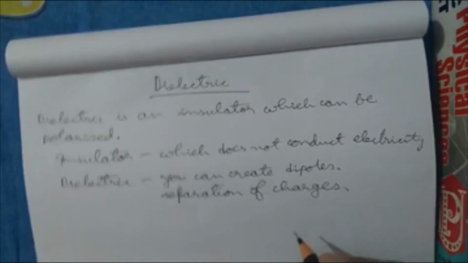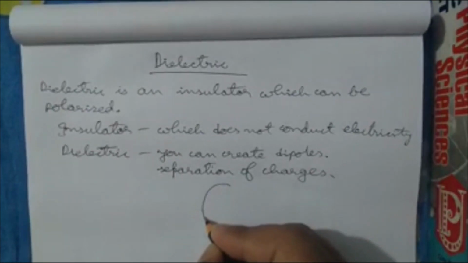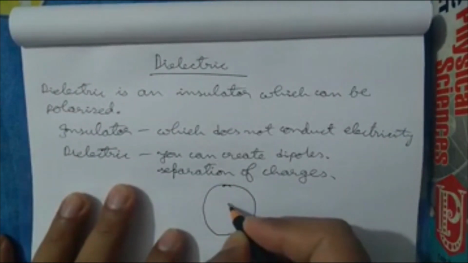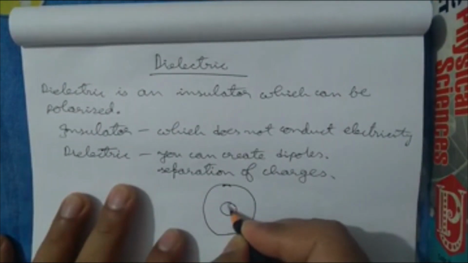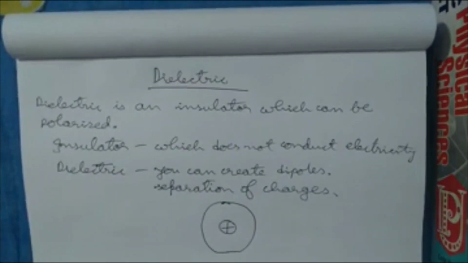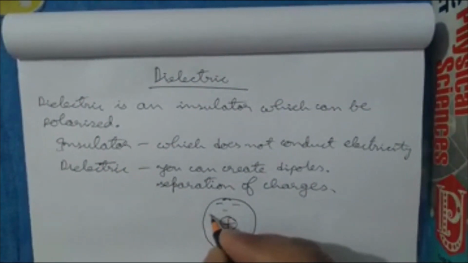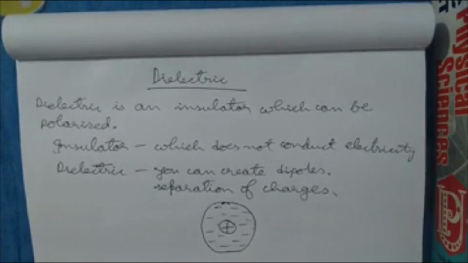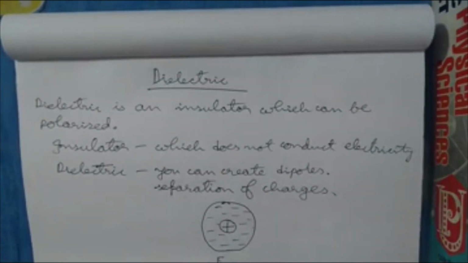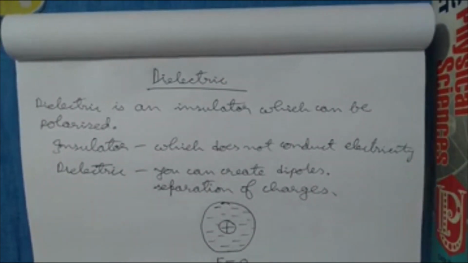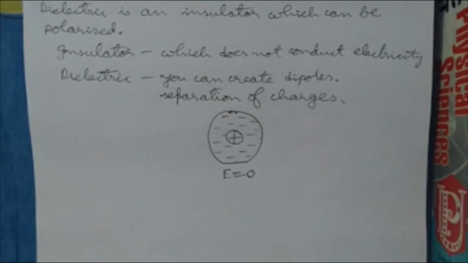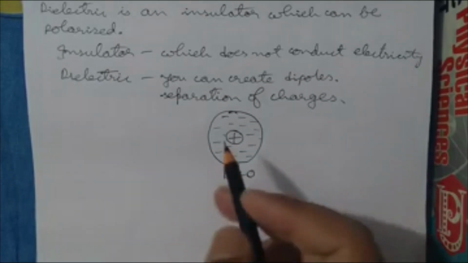Suppose you have an atom here. In an atom, what do you have? You have a positively charged nucleus, and here you have extranuclear electrons. When E is equal to 0, that is, no external electric field is applied, what happens?